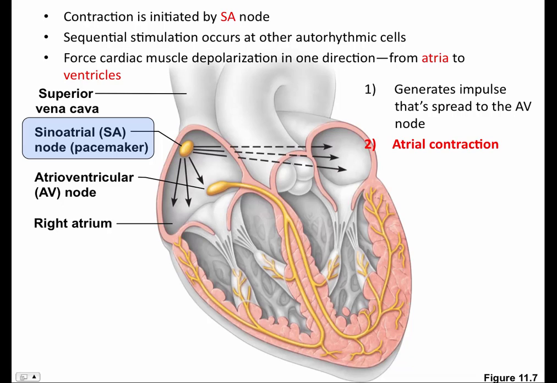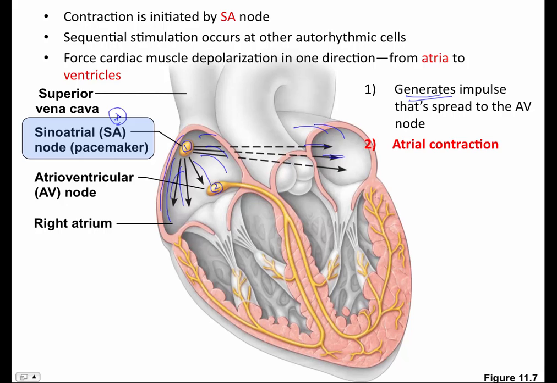So the very first step, we're going to generate an impulse at our SA node, and we want to spread this towards our AV node. So this is number 1, and we want to get to number 2. And so we have that stimulus from our brain that's going to cause our SA node to fire off. We're going to spread those electrical impulses down this entire wall of both of your atria.